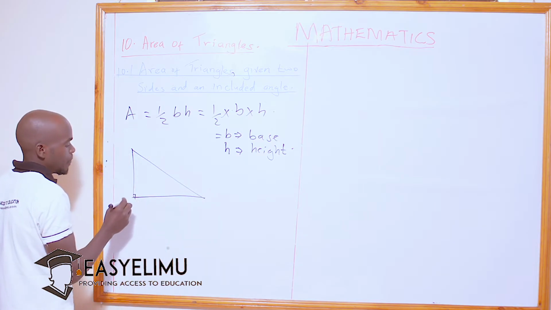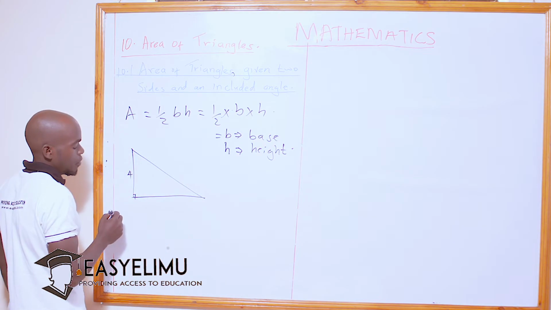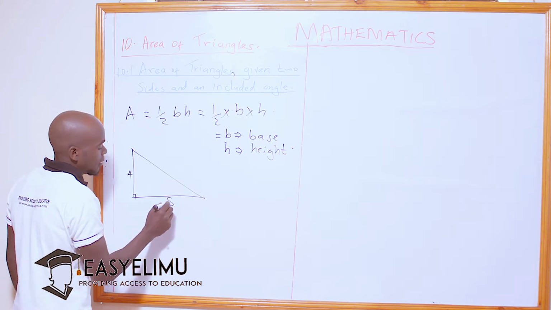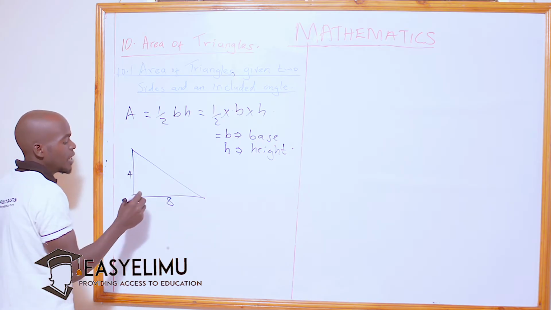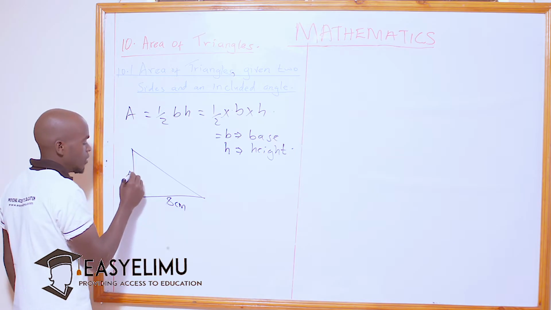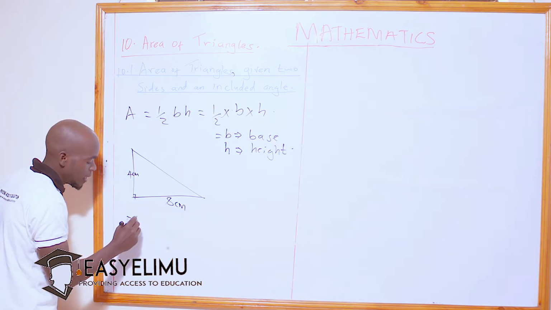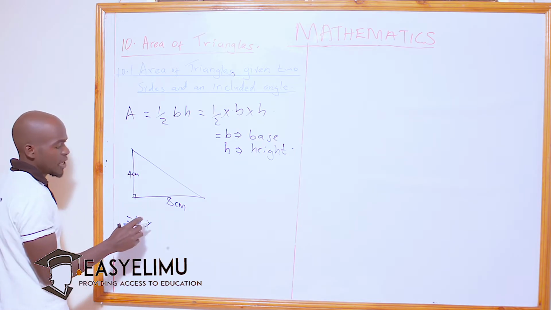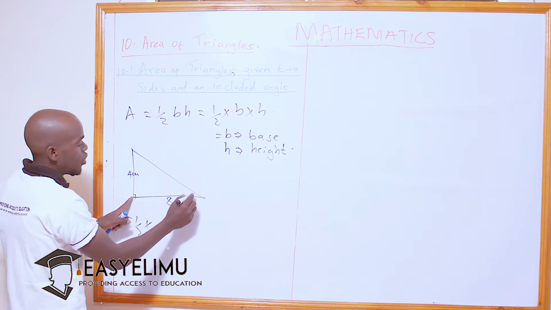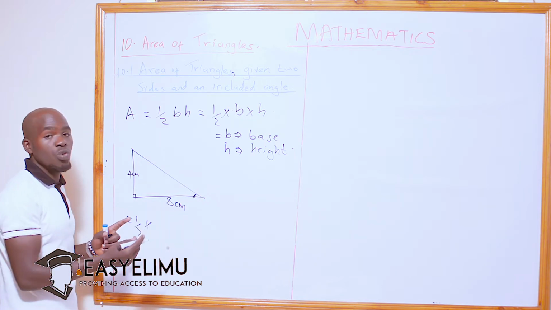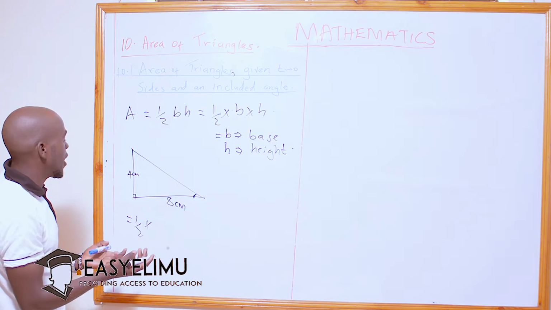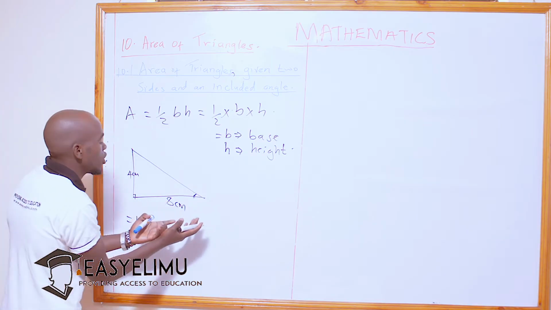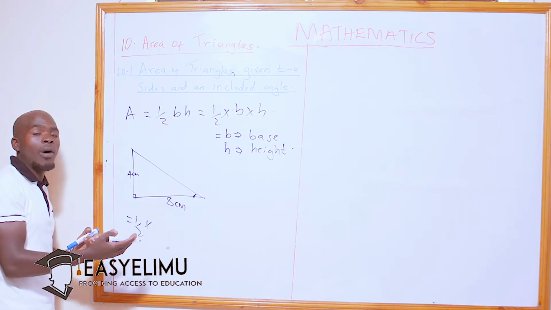For instance, given a right angle triangle, for example this one, you may be given this side as 4 and this side as 8. To find the area of this triangle, you will take a half multiplied by base. The base of this triangle will depend on which side it lies on the ground. For this case, the horizontal line represents our base.